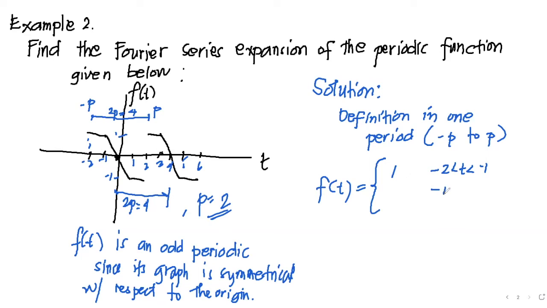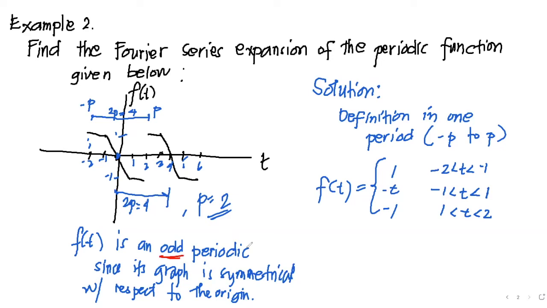And from negative 1 to 1, you have a line with negative slope, which extends, so the value is negative t with intercept 0. And from 1 to 2, the value of the function is negative 1.